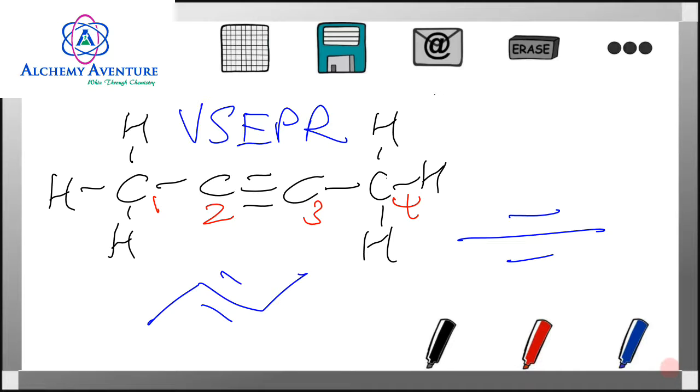So this carbon atom represents carbon 4, this carbon atom represents carbon 3, this carbon atom represents carbon 2, this carbon atom represents carbon 1.